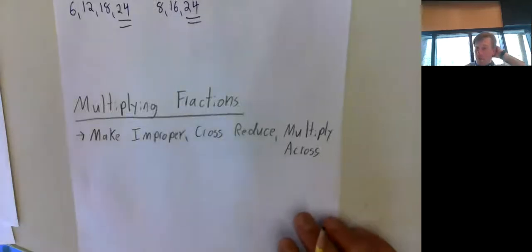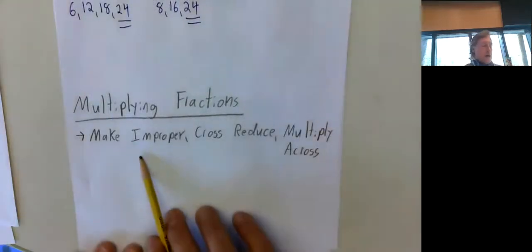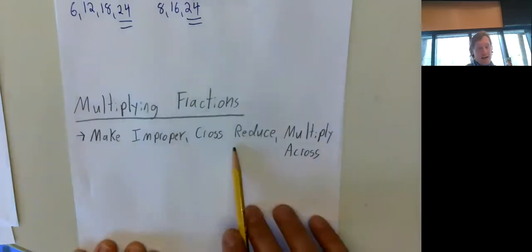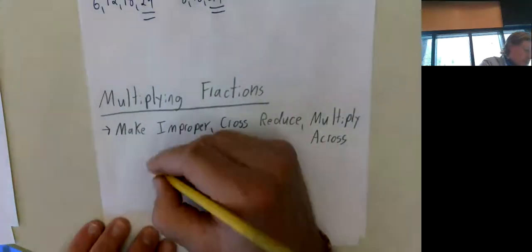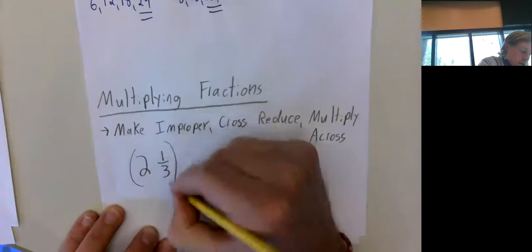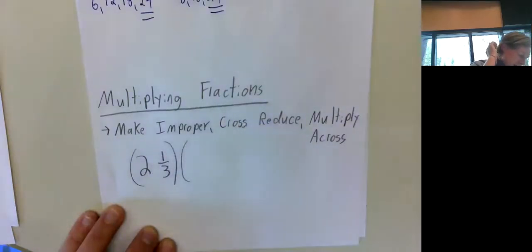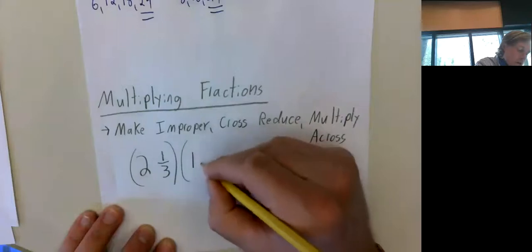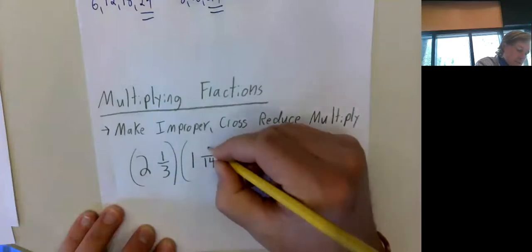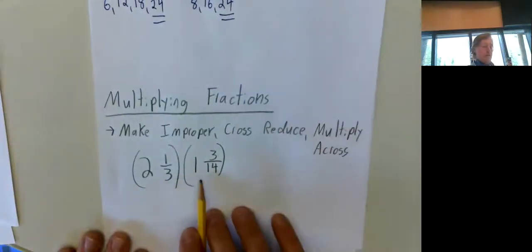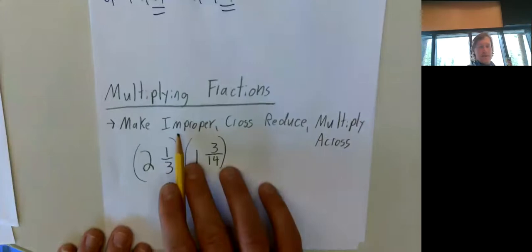Moving on, when I'm multiplying fractions, I need to make any mixed number improper. I'm going to cross reduce if I can, and then multiply across. So if I have 2 1/3 times 1 3/14, I need to make these improper.